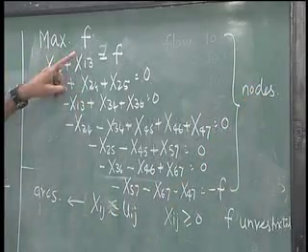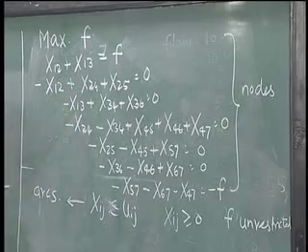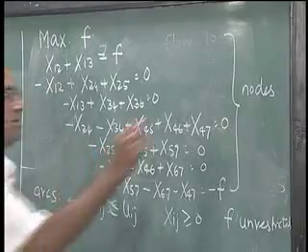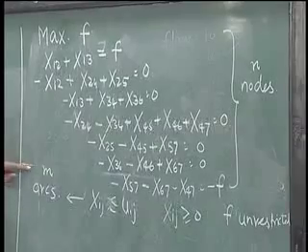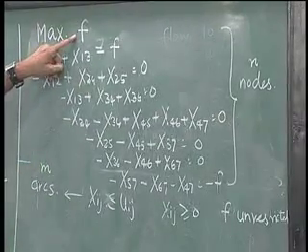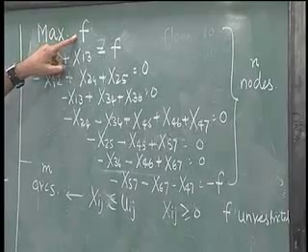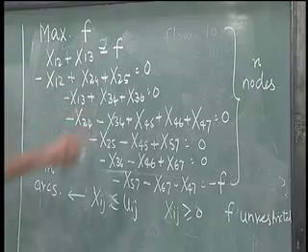For every node you have a constraint here, for every arc you have a constraint here. So if the network has n nodes, m arcs, then there are m xij's plus 1 f, so there are m plus 1 variables and there are m plus n constraints. So this is the formulation of this.